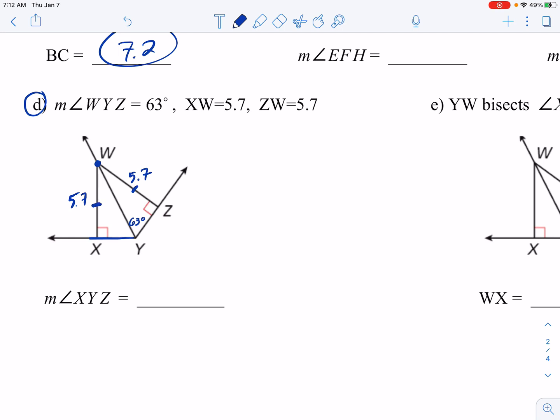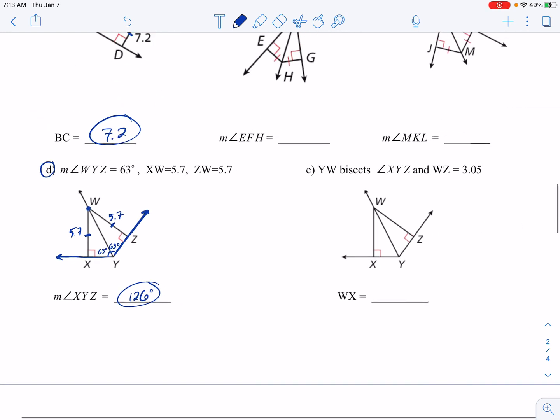It's the same distance to side YX as it is to YZ. So then that would mean that this ray right here is an angle bisector. So angle XYZ, the whole thing, would be 63 and 63, getting us 126.